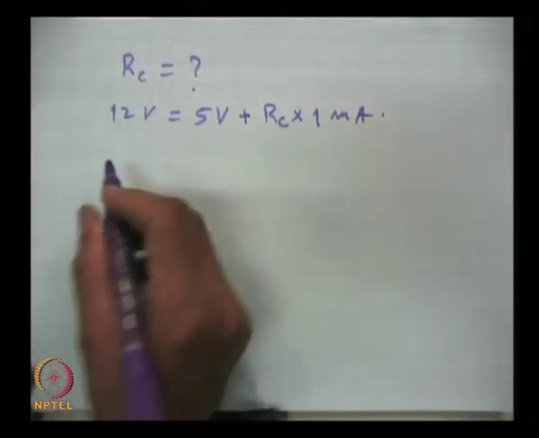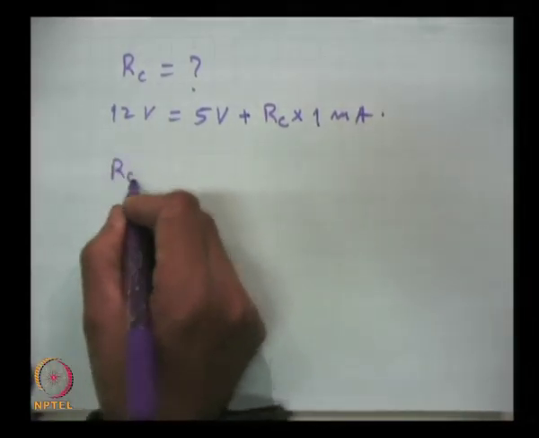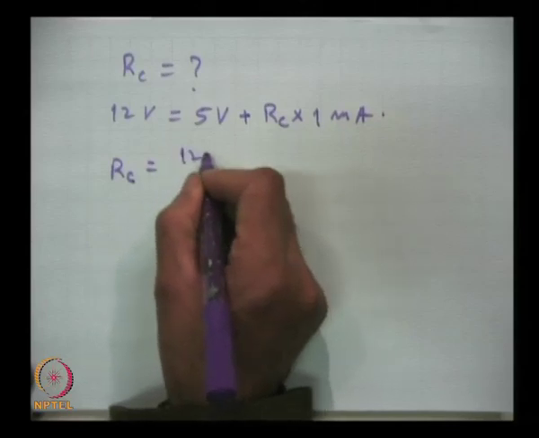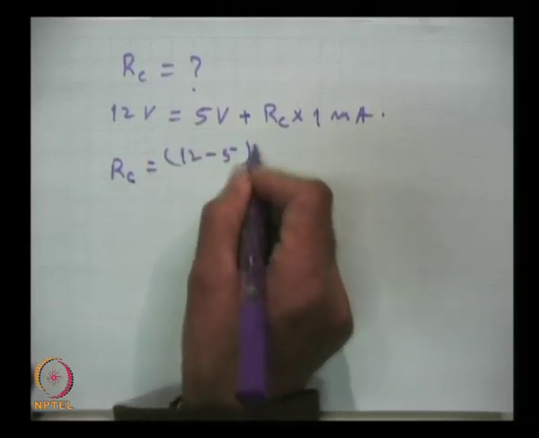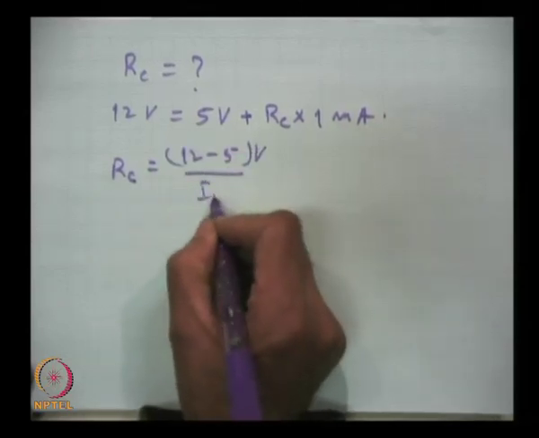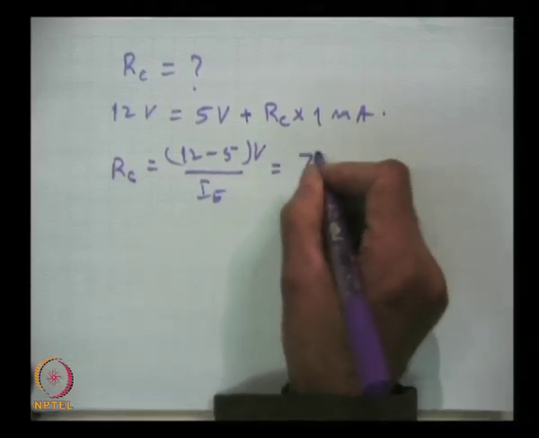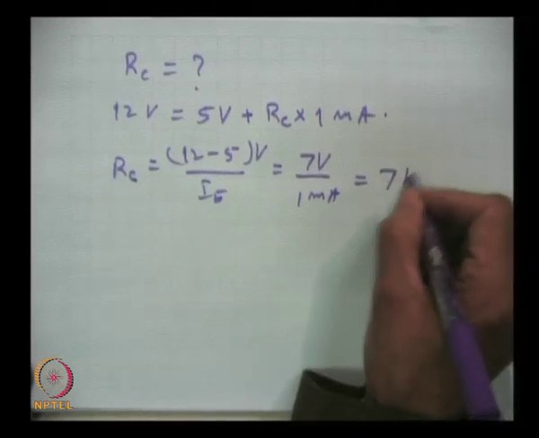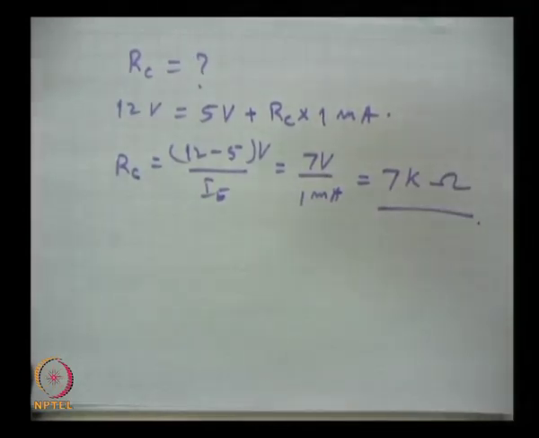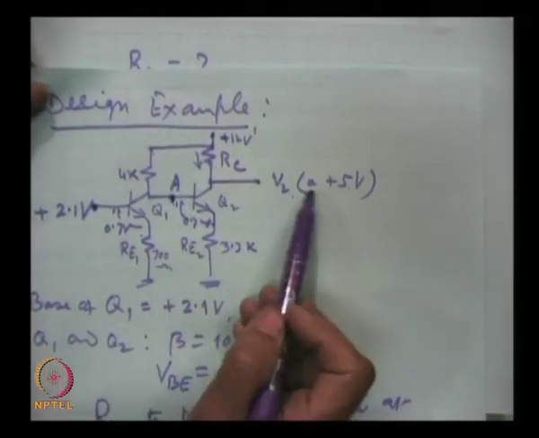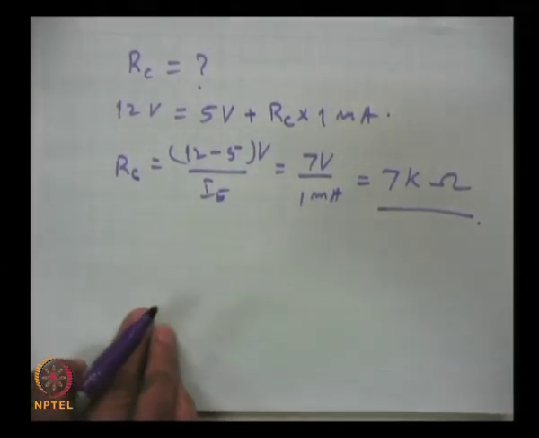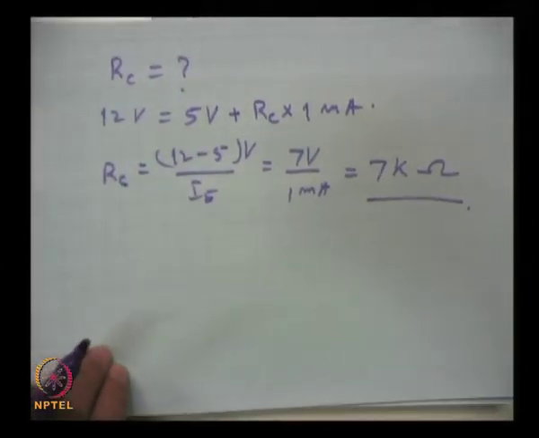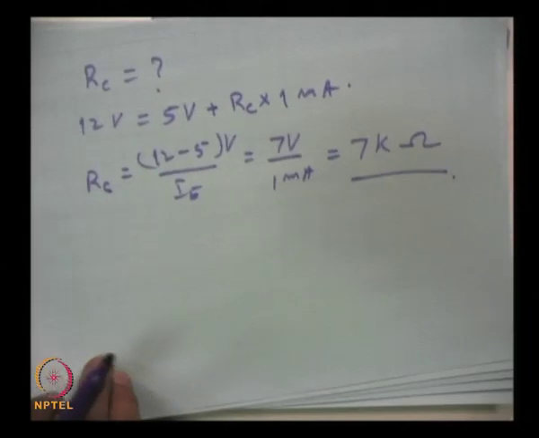From here we can find RC, and that comes out to be 12 minus 5 volts divided by 1 milliampere, which is 7 volts by 1 milliampere. So, this is 7 kilo ohms. So, we have to use a resistance of 7 kilo ohms to get the voltage at 5 volts. So, this is the design principle I have illustrated through this example.